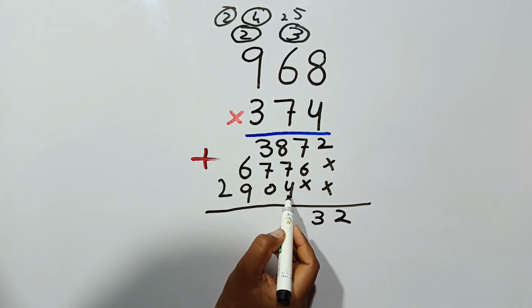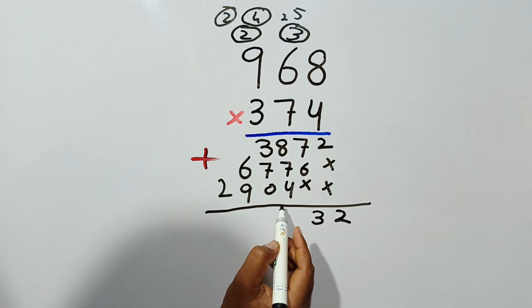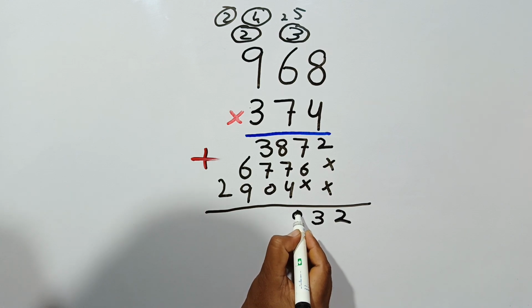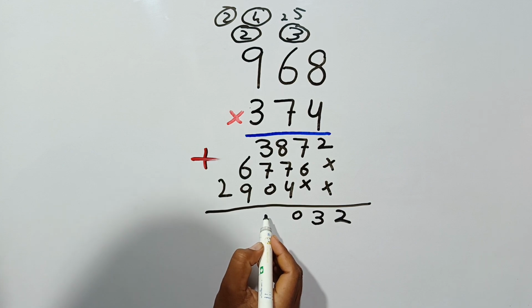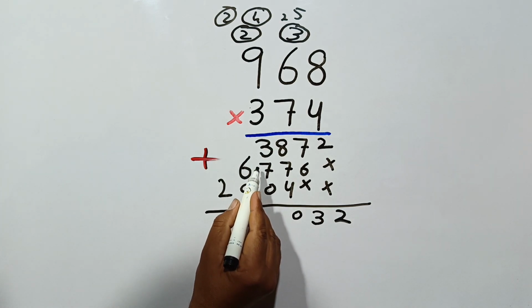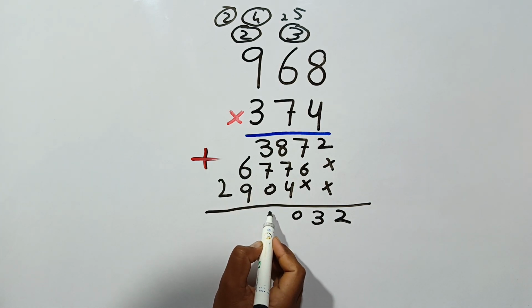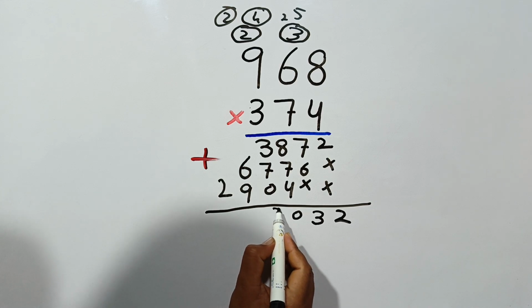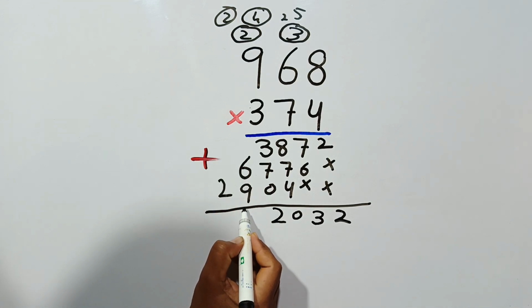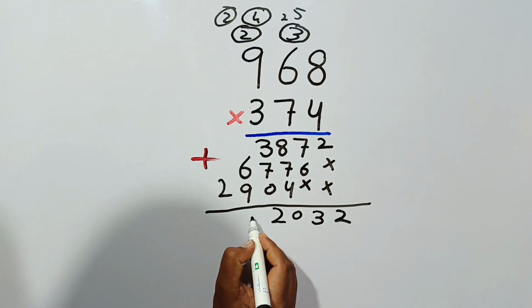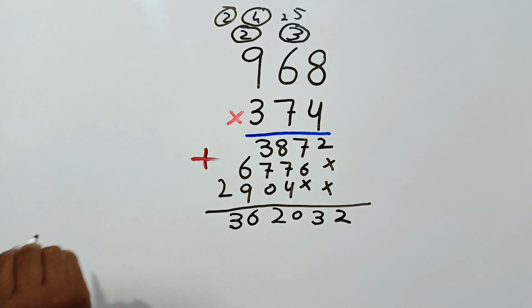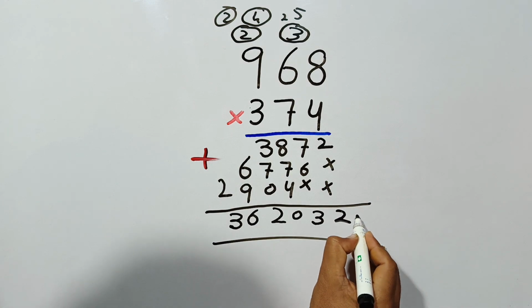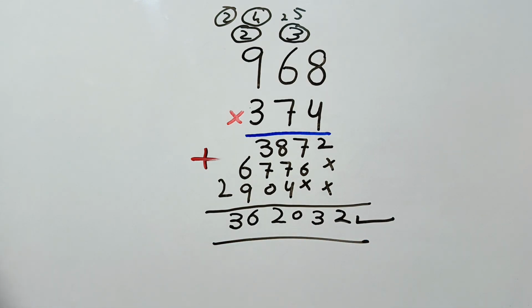Now, 1 add all these numbers and 2 carry, 7 plus 3 is 10 and 2 carry add is 12 and we have 1 carry. Now, 6 plus 9 is 15 and 1 carry add is 16 and 1 carry. 2 plus 1 carry add is 3. Our right answer is this. This is 3-digit multiplication by 3-digit number.